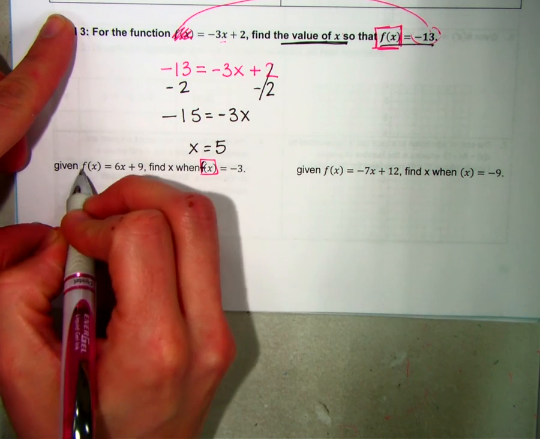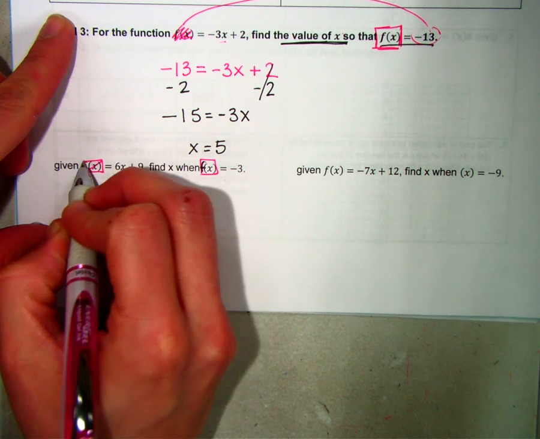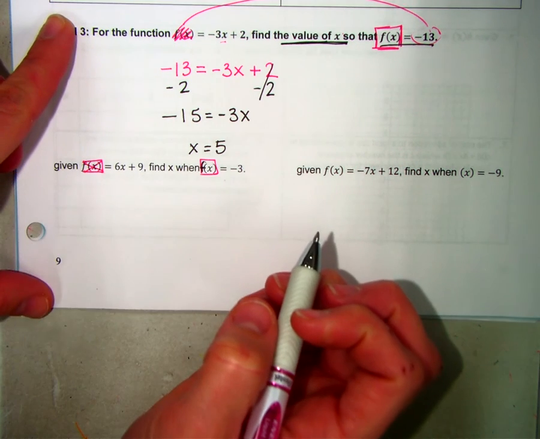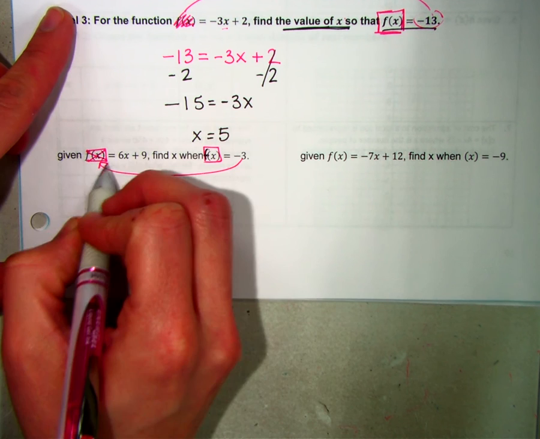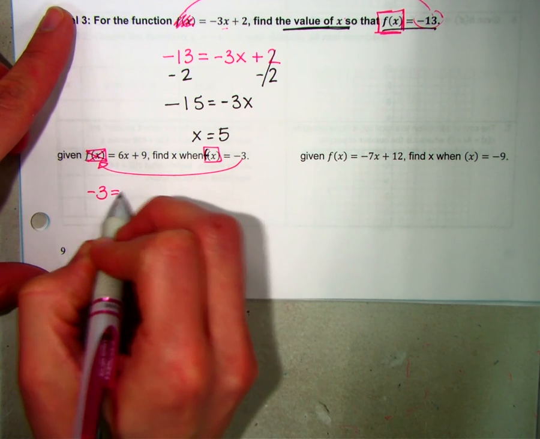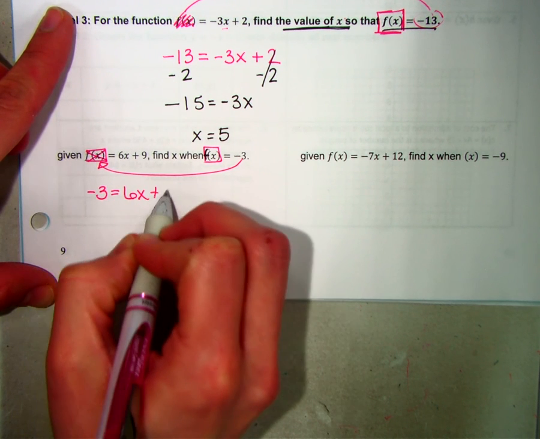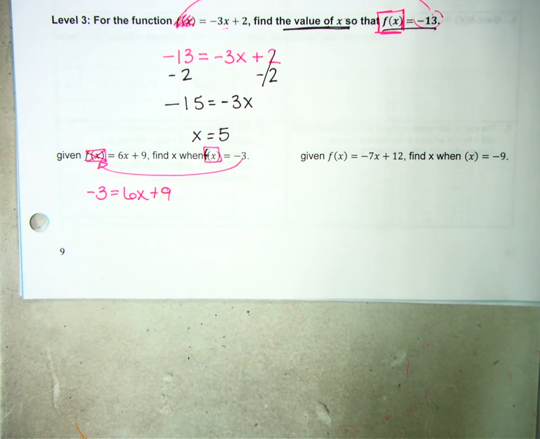Negative 3 is f of x, so you're going to replace f of x with negative 3. This negative 3 goes in for f of x.